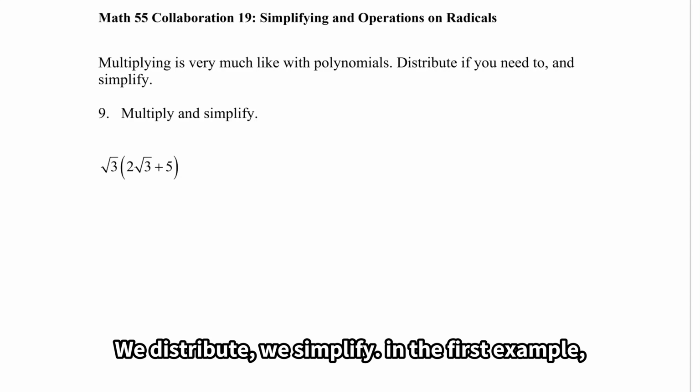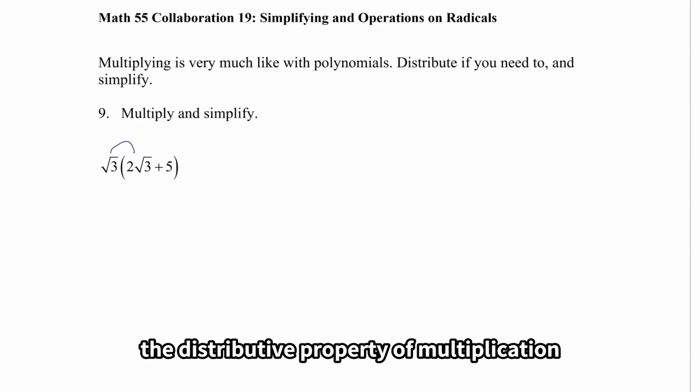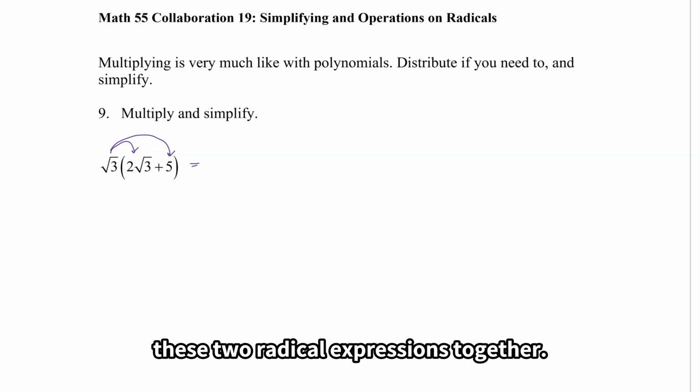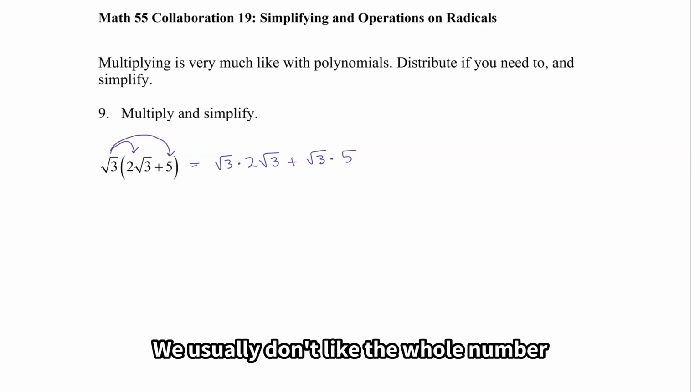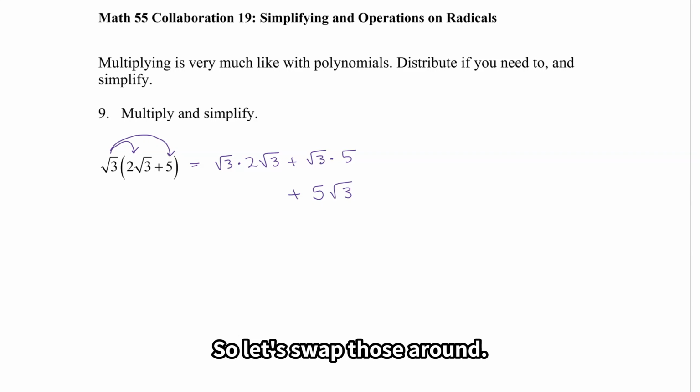We distribute, we simplify. In the first example, root 3 times 2 root 3 plus 5, we would apply the distributive property of multiplication over addition in order to multiply these two radical expressions together. So root 3 times 2 root 3 plus root 3 times 5. We usually don't like the whole number or the coefficient to be on the right of the radical, so let's swap those around.